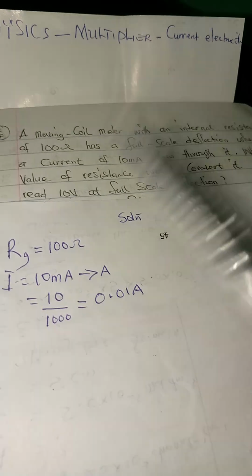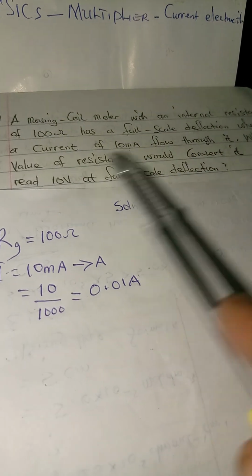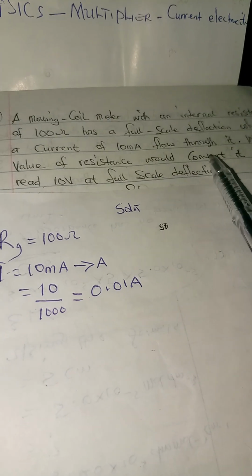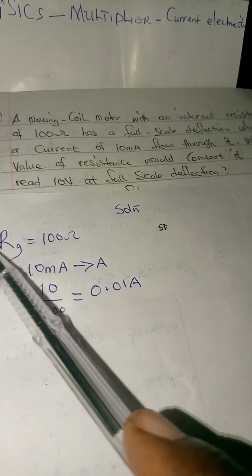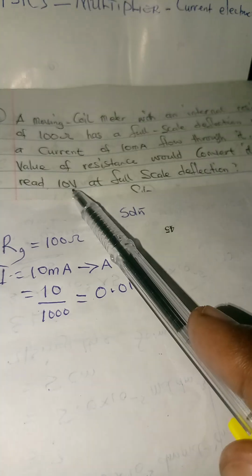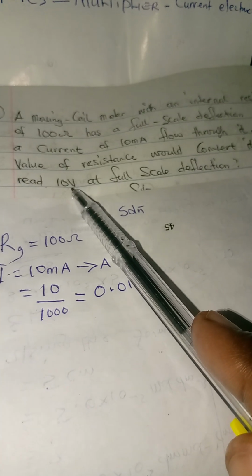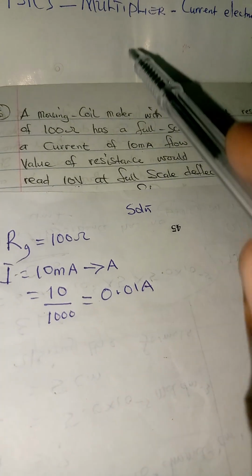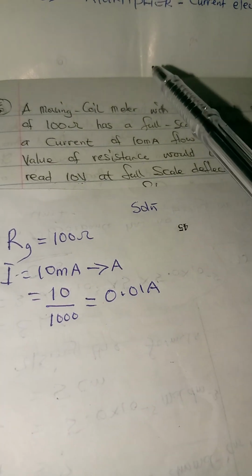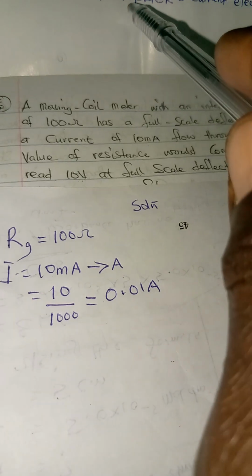So whenever you see the word convert it to volts, when you see converting from galvanometer, which I told you is the resistance of galvanometer, to volts, you understand me? That is multiplier.